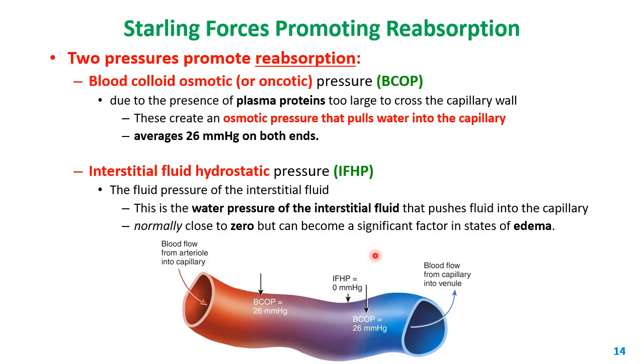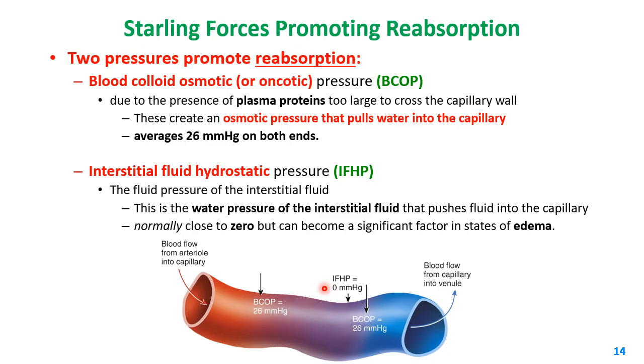You have more water here, less water there. The solutes here are pulling the water from more concentrated to less concentrated water. So these are the forces that are going to favor bringing back stuff from your interstitial fluid. Okay? Everybody got that? Yeah.